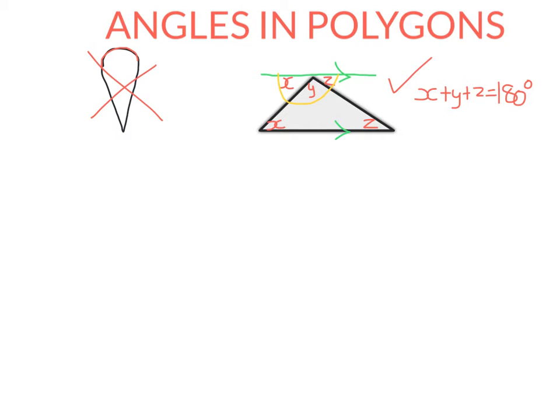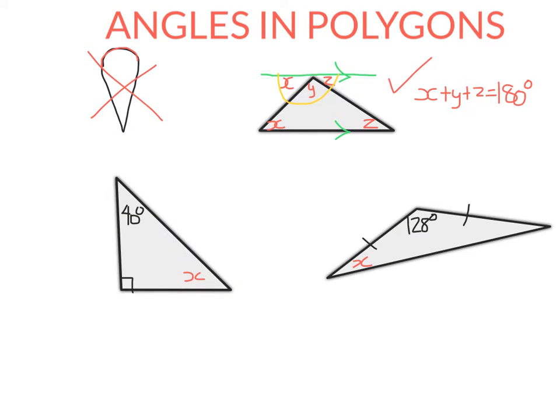This explanation is telling you why the angle sum of any triangle is 180 degrees, because what I did, drawing this line here and finding alternate angles, will work for any triangle, whether it's scalene, isosceles, whatever. So this is true of any triangle: the sum of all of its angles is 180 degrees.